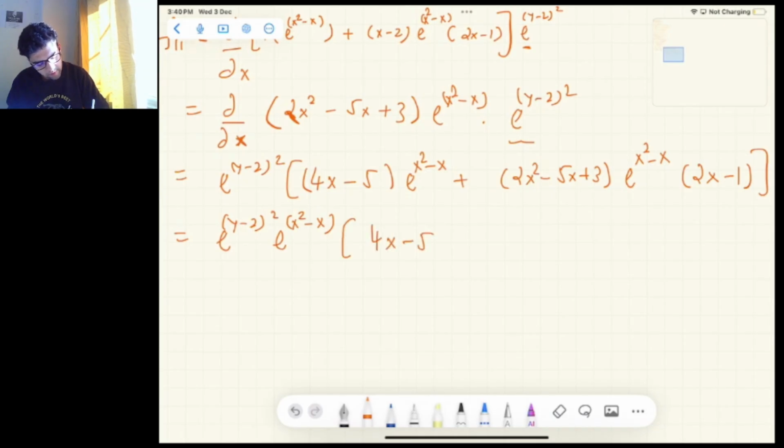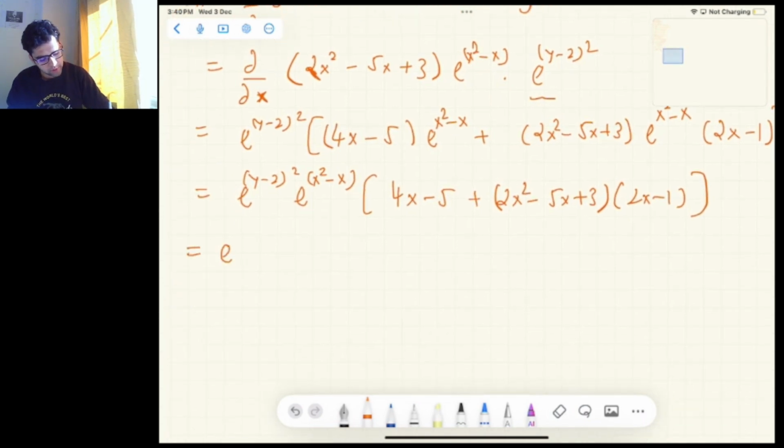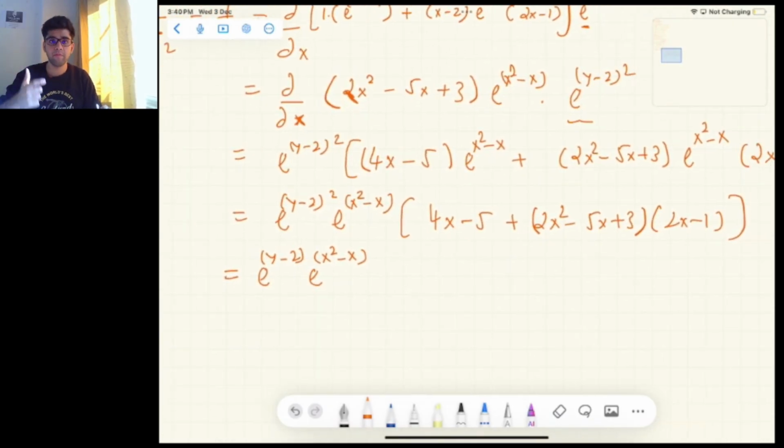I'll be left with 4x minus 5 plus 2x square minus 5x plus 3 and 2x minus 1, right? So what I can do further is that I can simplify this term, but there is no point in simplifying this further because I already have my stationary points, and I would need to put those points inside this expression of f11 and find out the values.